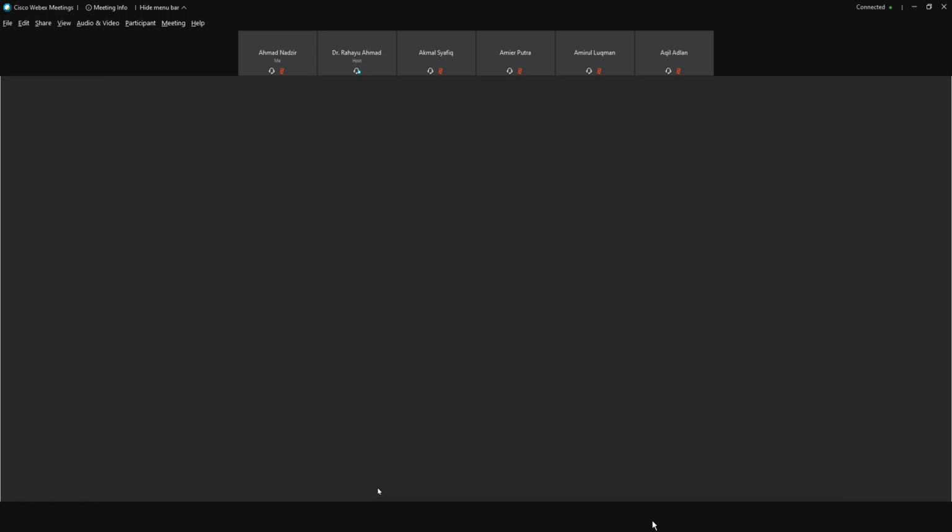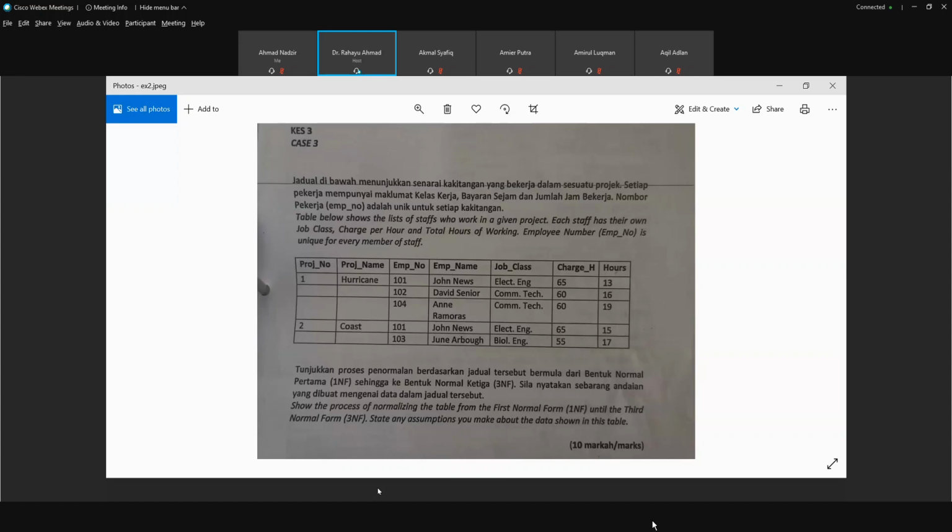Okay, so this is another question untuk buat normalization. Okay, so always start analyzing the question that you get. So from this question, you analyze the table, you tengok ni bukan dalam bentuk yang even unnormalized lah.